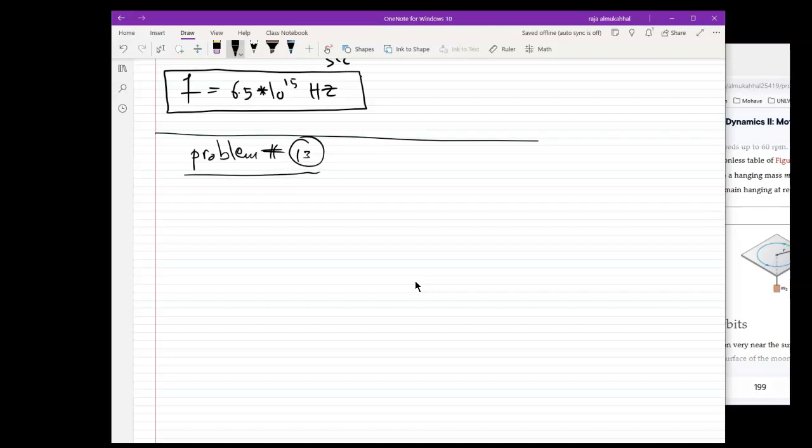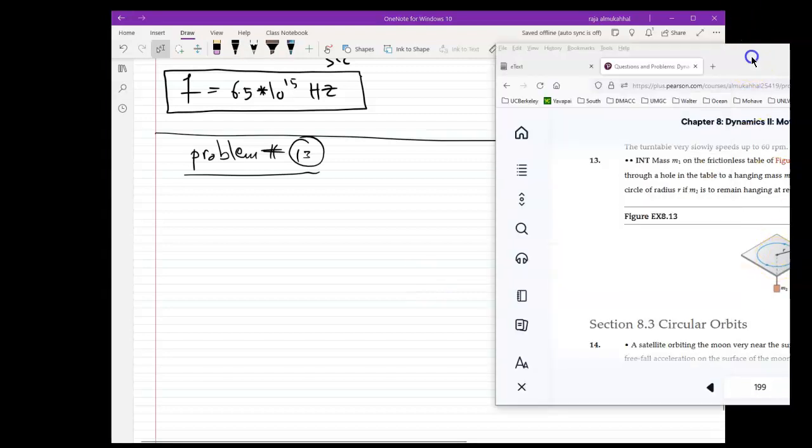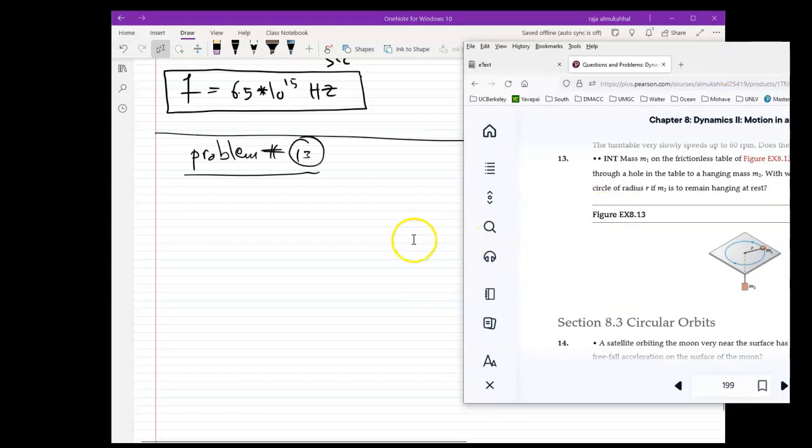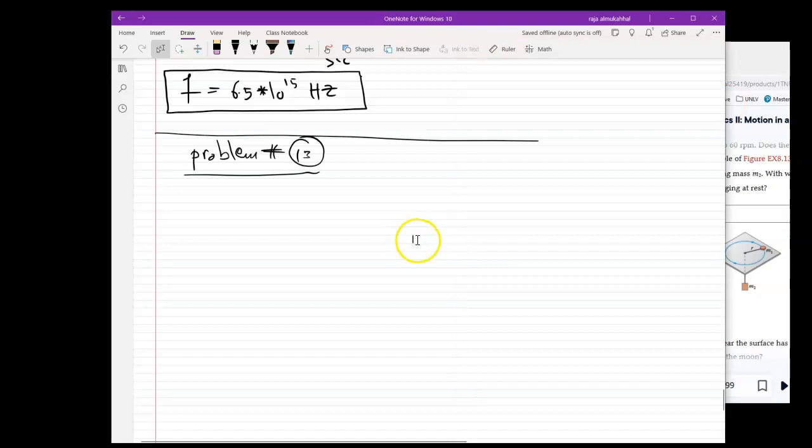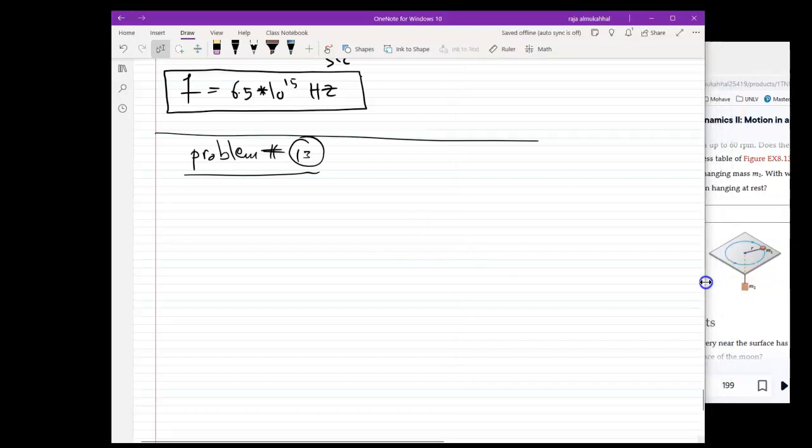Okay, so let me draw the diagram. This picture right here. Let me put it on the side so you can see it within the frame. So it looks something like that. Here is the table. This is a famous problem. You find it in just about any physics book. Here is a circular path, something like that. Here is the hole right here.